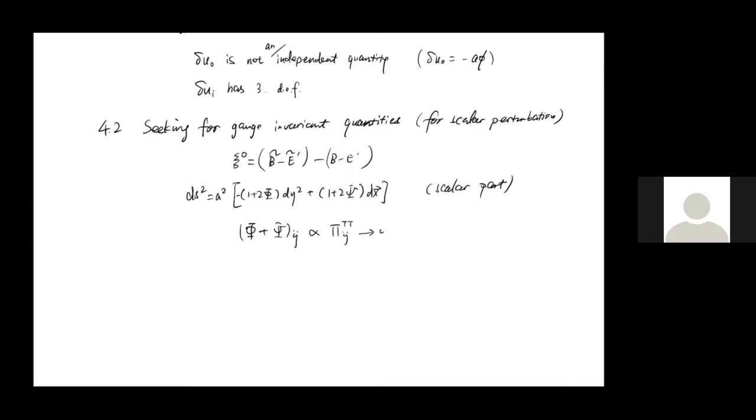So if this is 0, as is the case for many perfect fluids, then you don't have 2 of this degree of freedom. You have just 1 of them. You can use either phi or psi as your variable, and that is the only dynamical variable in the early universe.